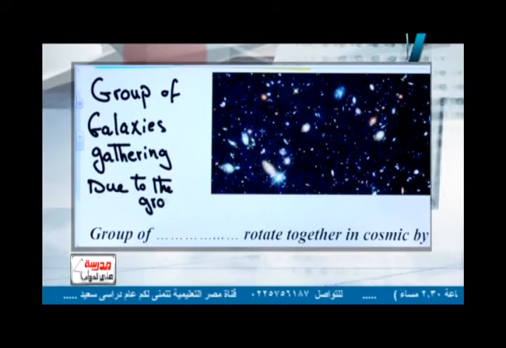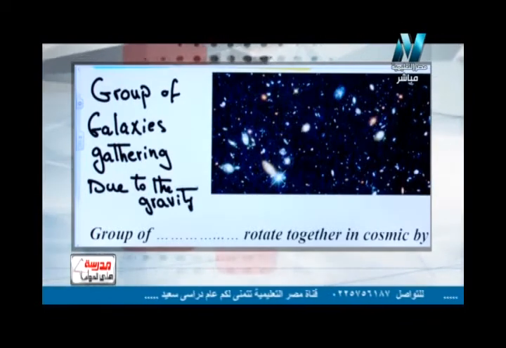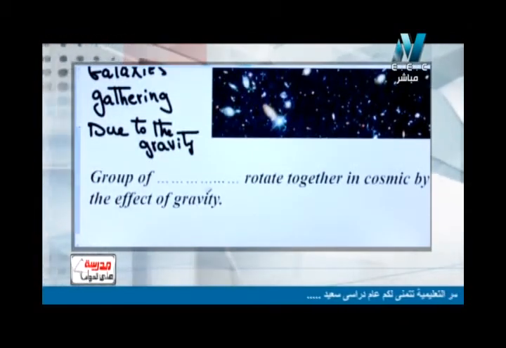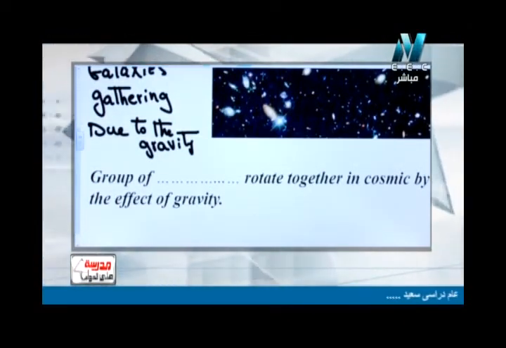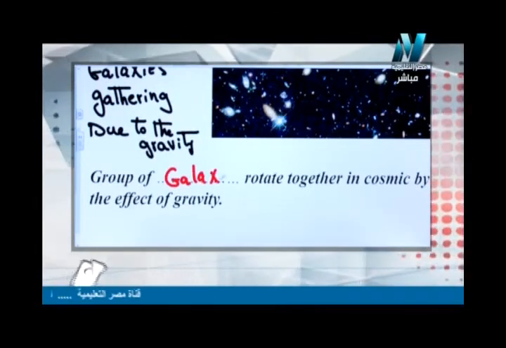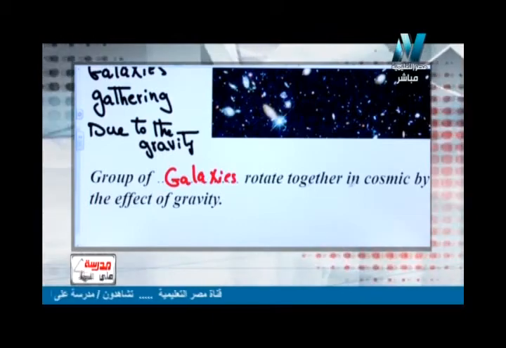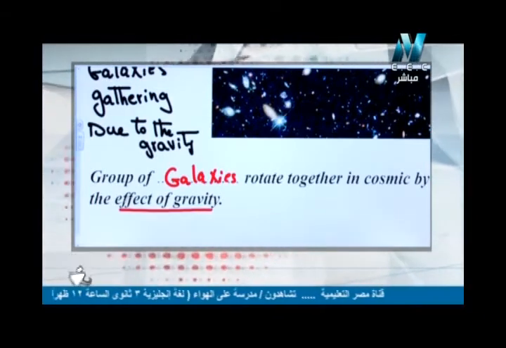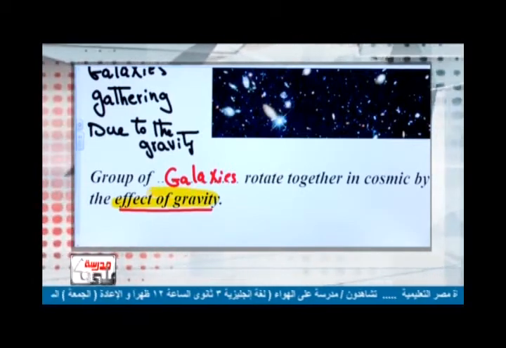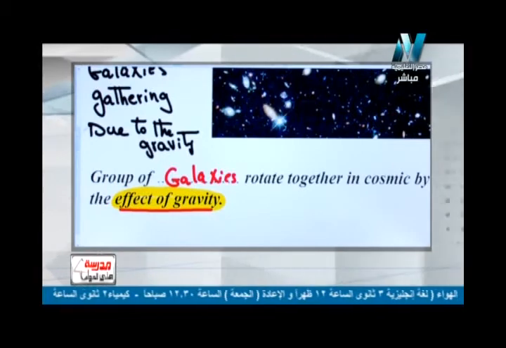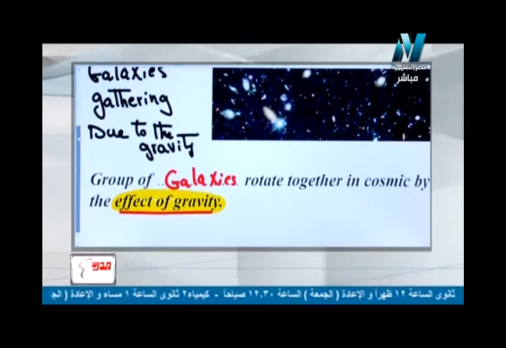And we can say another definition with the same meaning. Group of galaxies rotate together in cosmic by the effect of gravity. And we should remember this factor, gravity, because this factor is very important in the formation of the units in the universe.